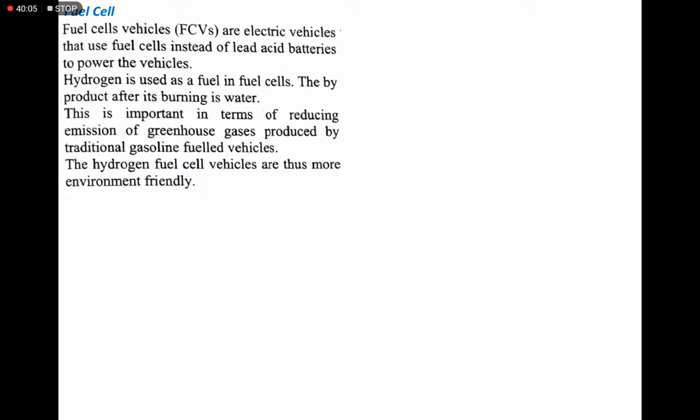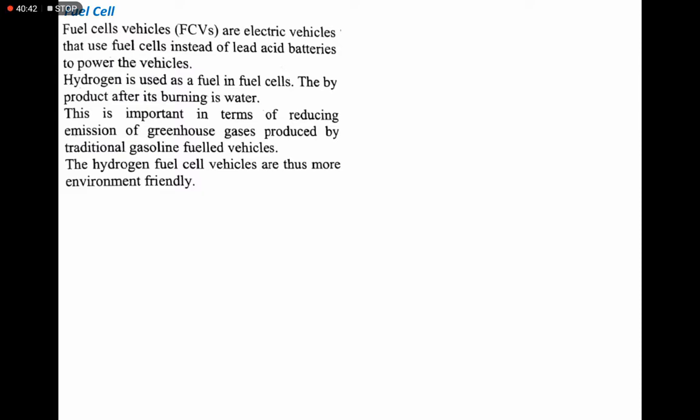Hydrogen is used in fuel cells. Hydrogen is used as a fuel, and the byproduct after its burning is water. This is important in terms of reducing the emission of greenhouse gases produced by traditional gasoline fuel vehicles. Nowadays, pollution is there because of petrol, diesel, and other fuels.